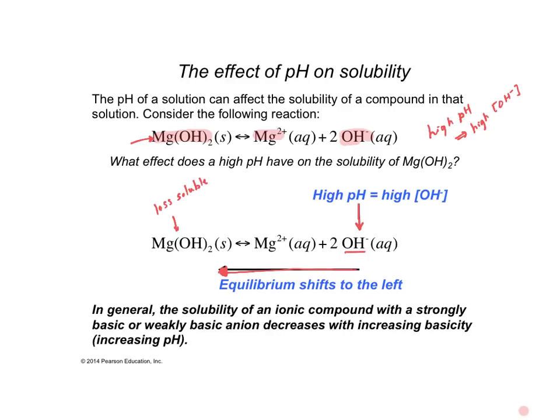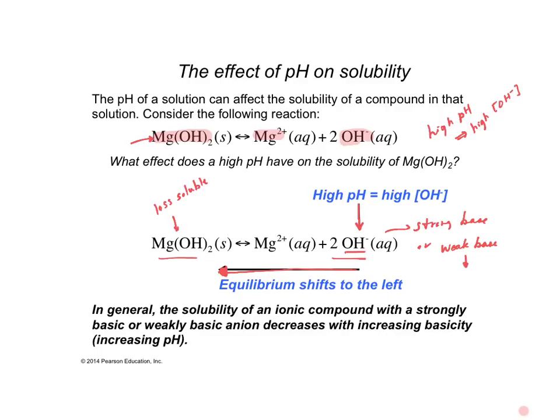In general, we'll find that to be true for pretty much any ionic compound that contains either a strong base, so hydroxide ion is a strong base, or a weak base as its anion. Strong base or weak base, we will see the solubility decrease with increasing pH or increasing basicity. Again, a strong base is hydroxide.